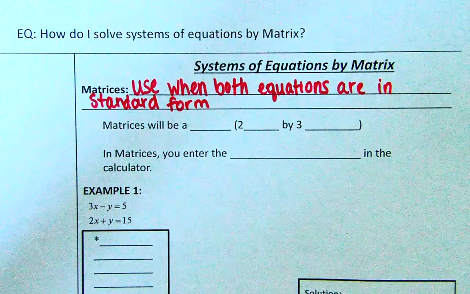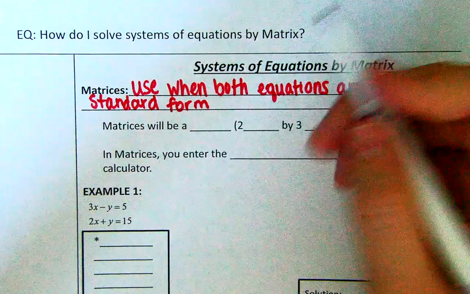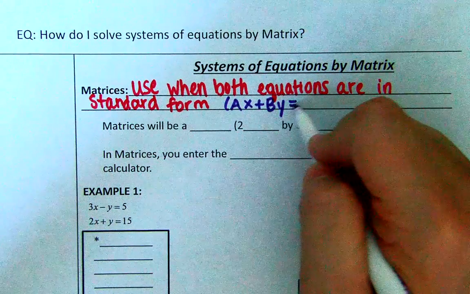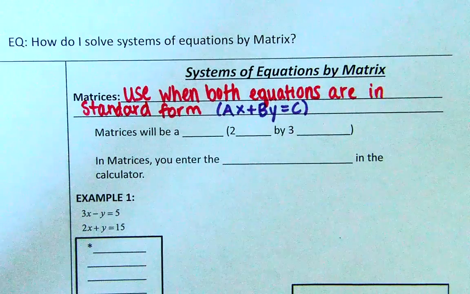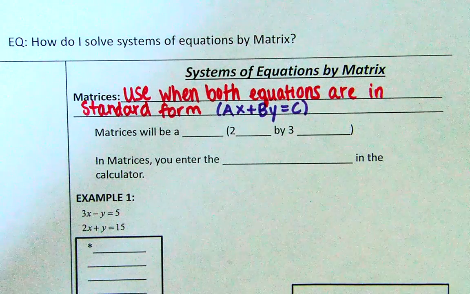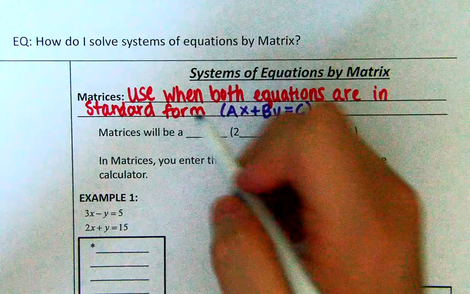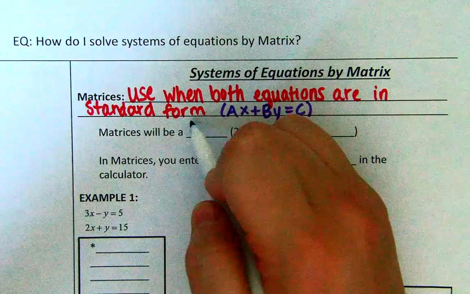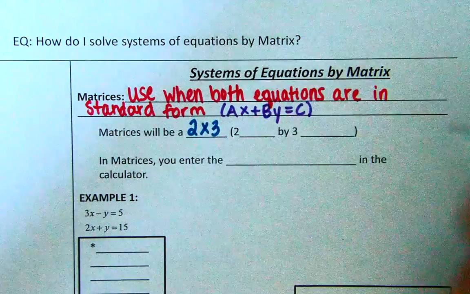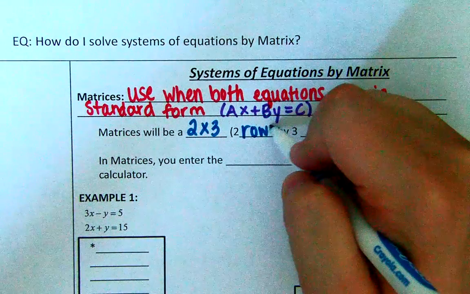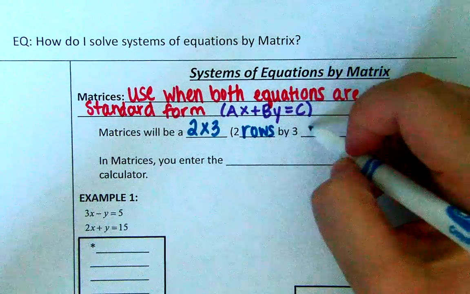Okay, let's remember that standard form is your AX plus BY equals C. In this class, matrix will always be a 2 by 3. Okay, it's going to have 2 rows by 3 columns.